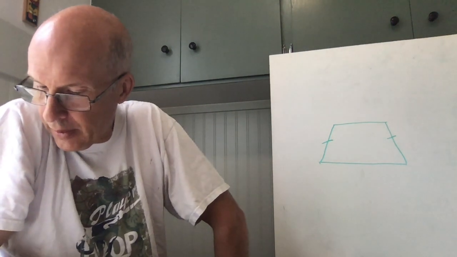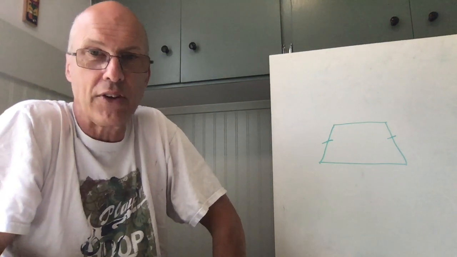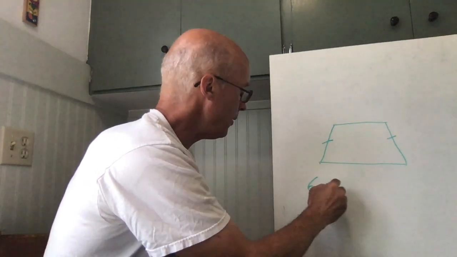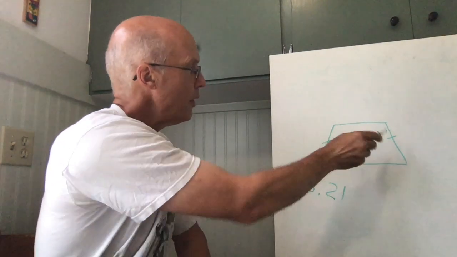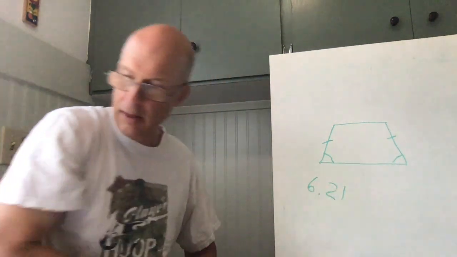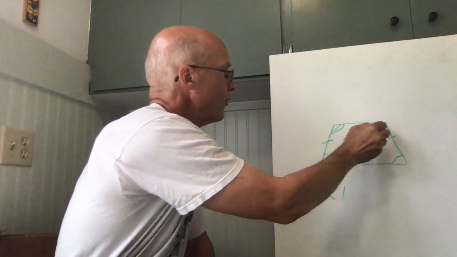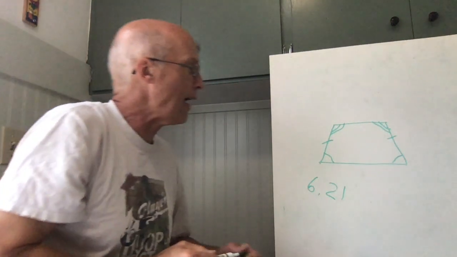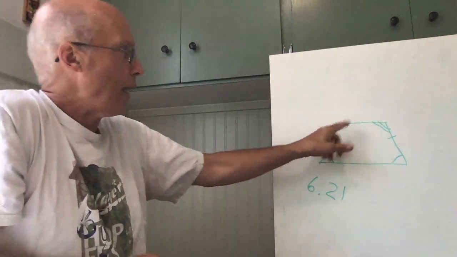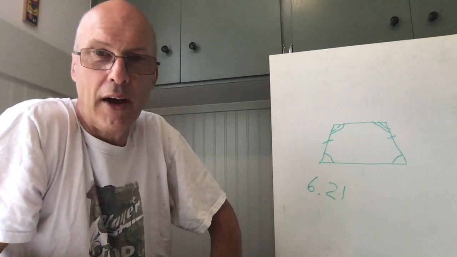And Theorem 621 through 623 all have to do with isosceles trapezoids. 621 says that when you have an isosceles trapezoid, these angles are the same as well as these angles. You can call those the base angles. So if it was like that, or if you flip the whole thing over, that would be the base angles. Okay? So don't want to confuse you just because they're on top.